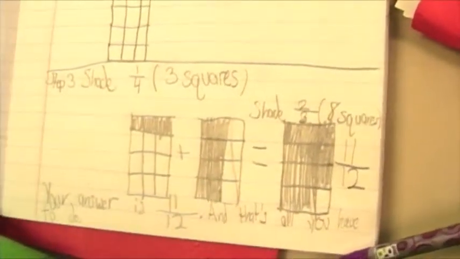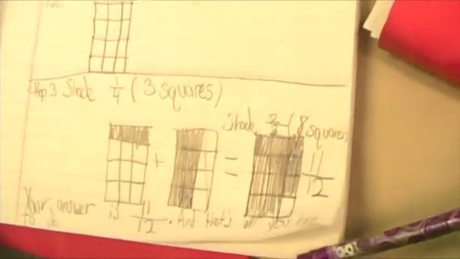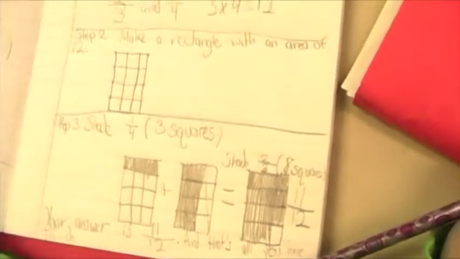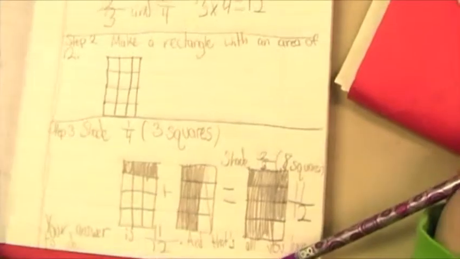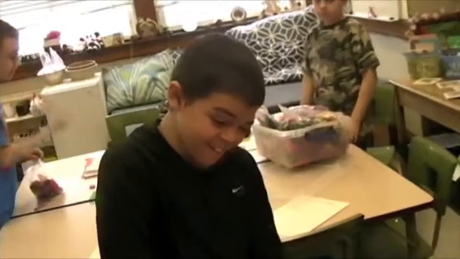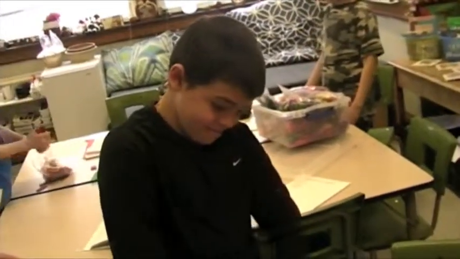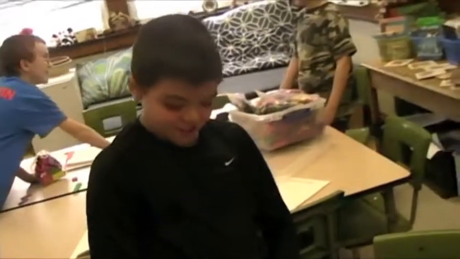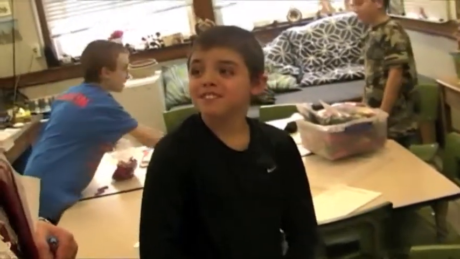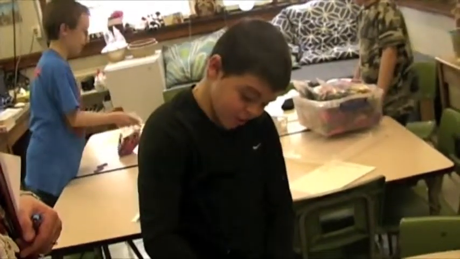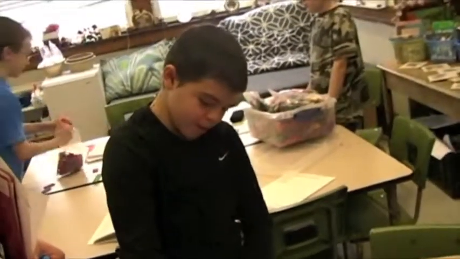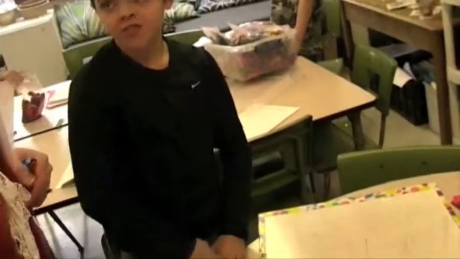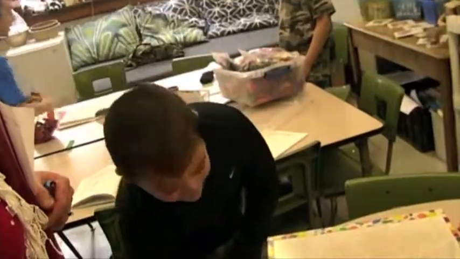And then your answer is 11 twelfths, and that's all you have to do to add and subtract fractions with unlike denominators. So what are you going to do every time you run into a rectangle? Times the denominators. Yeah. And use them. If it has like a 5 by 2, I'll go down 5 cross or something. Yeah. Exactly.